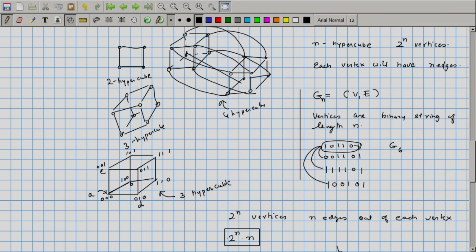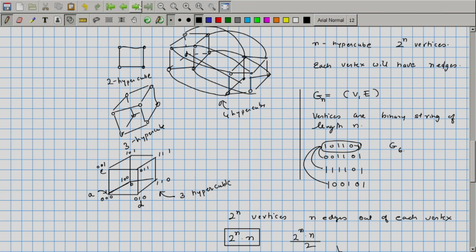Okay. If we did not have this condition that an edge can be used both in the forward direction and the backward direction, the total number of edges would have been 2 raised to n times n by 2. Okay. But since here we are assuming that the forward direction edge is a different edge from the backward direction edge, the total number of edges will be 2 raised to n times n.